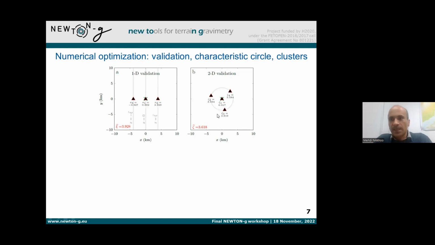And this distance is given by the analytical solution. We refer to this distance as the characteristic distance, and also to the circle we can refer as the characteristic circle, because it represents the analytical solution associated with this particular point mass.